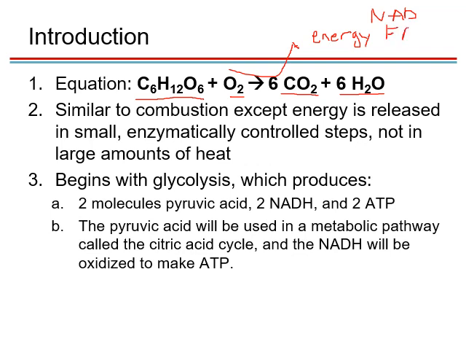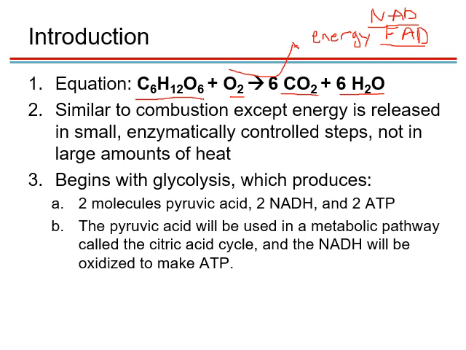These get reduced during the reactions of the citric acid cycle, and we pick up more of these electrons as these molecules get reduced. This reaction is similar to combustion, but combustion releases energy in one big step, releasing large amounts of heat. Here, we're doing small enzymatic steps, step by step, releasing a little bit of energy as we do these steps.